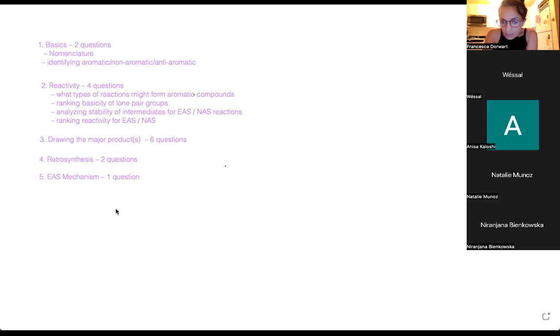Naranjana asks, are we supposed to know all of the mechanisms for all the EAS? So to just get to the chase, EAS is one mechanism, the same way that SN2 is one mechanism. E1 is a mechanism because this is one mechanism. The difference is the formation of the electrophile for each of the mechanisms and the identity of the base that removes the proton in all of the mechanisms.